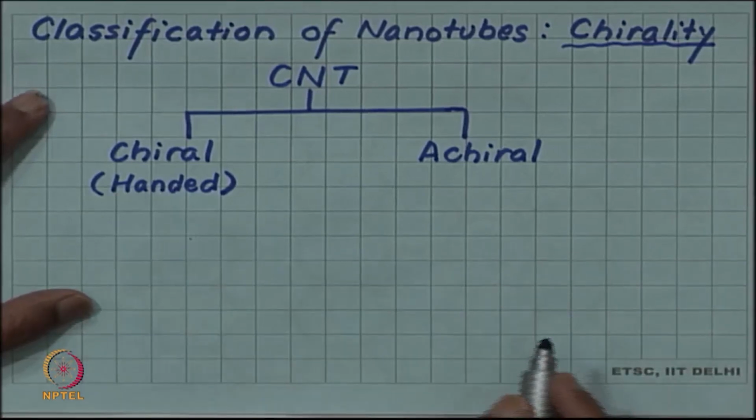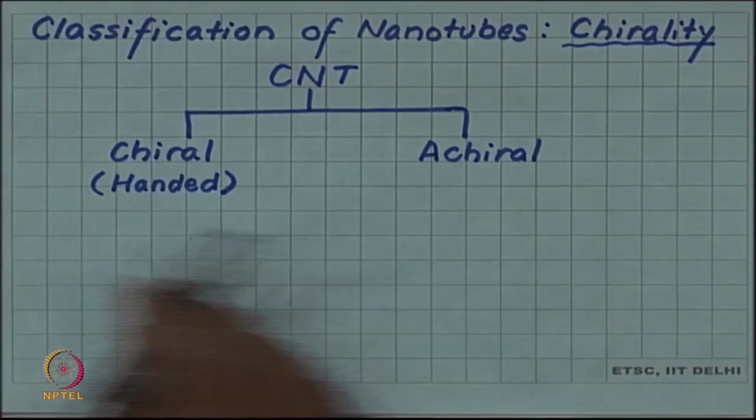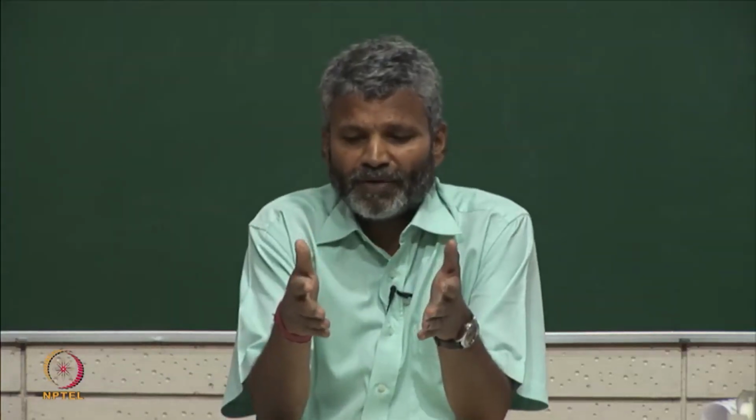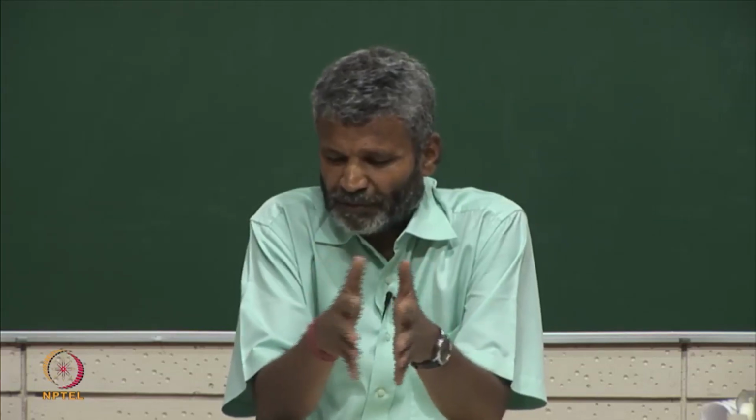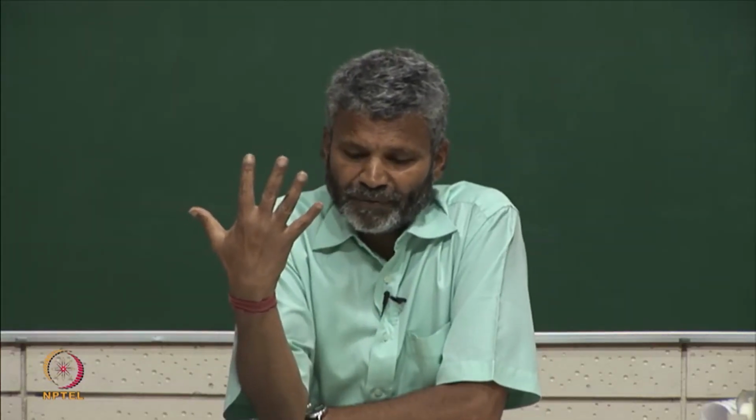For example, we know that our hands are left handed and right handed. I have a left hand and a right hand, and these cannot be superimposed, although they can be imagined to be mirror images of each other. But my single hand lacks any mirror symmetry.